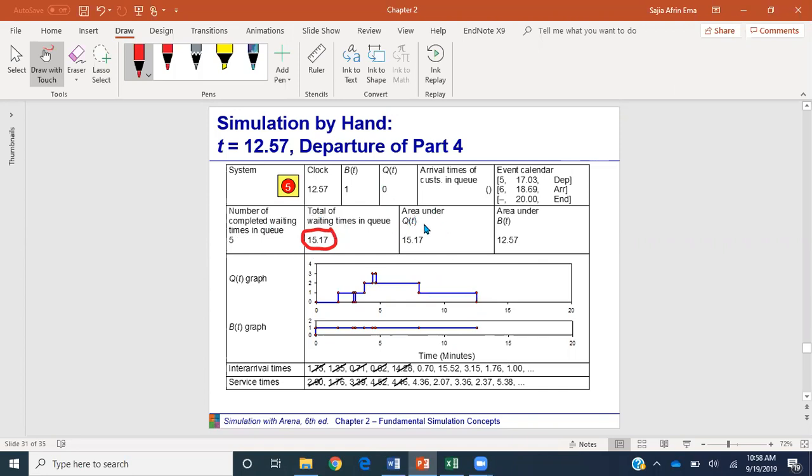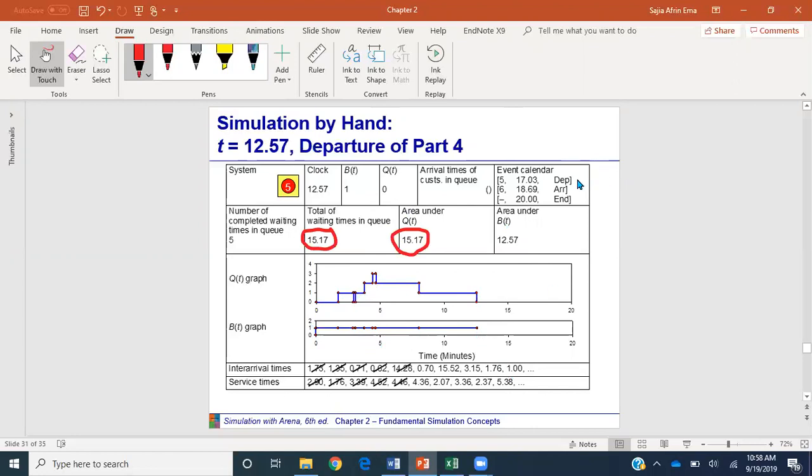And area under QT is 15.17. These two are the same right now because there is no one in the QT. And BT is simple: at this time it's 12.57 minutes, so it's just 1 times 12.57 minutes.